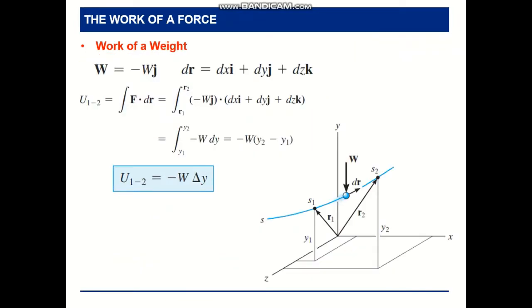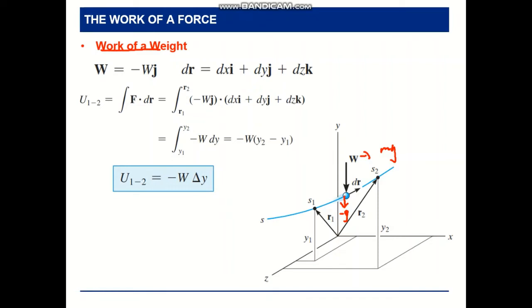If we look at the work of a weight, we know that the gravitational acceleration is in the y direction, or the z direction, whatever it's called, but in this plane it's x, z, and y, so it's going to be the y direction, minus g, as the acceleration is downward. So our weight has this magnitude in the minus j direction, which is mg.